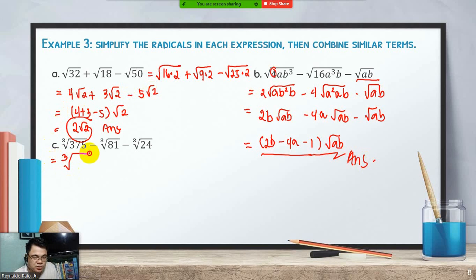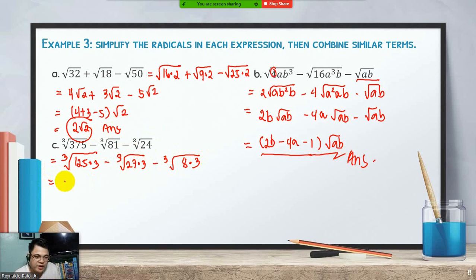Cube root of, so what are the two factors of 375 wherein one is a perfect cube? We have 125 times 3, minus cube root of factors of 81 wherein one is a perfect cube. We have 27 and 3. Then factors of 24 wherein one is a perfect cube. We have 8 and 3.